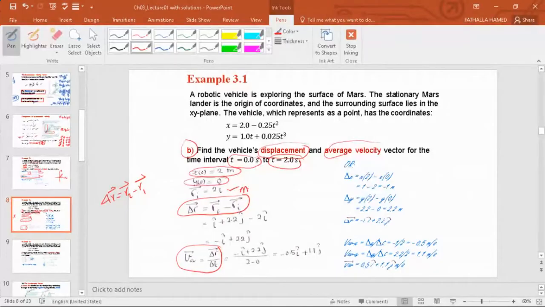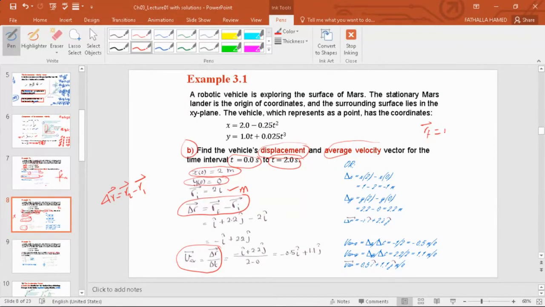Now, I want to look for the vector at 2 seconds. Okay, so I want to look at R final. Now, R final here, if I put 2 seconds, so 2 squared here will give me 4, and 4 times 0.25 will give me 1, and 2 minus 1 will give me 1 i hat.